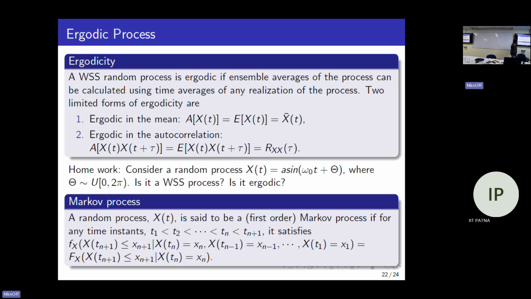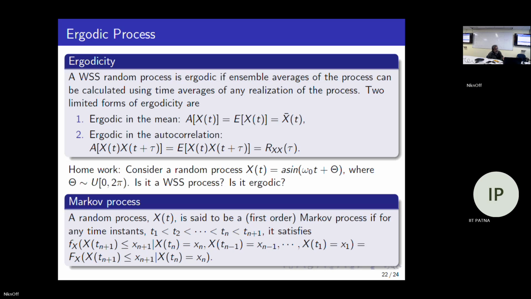That means it depends only on the previous state, not before that. So that is called the first order Markov process. We will assume our state estimation problem is a first order Markov process. That will be our assumption.